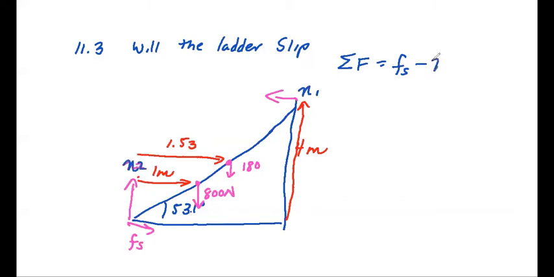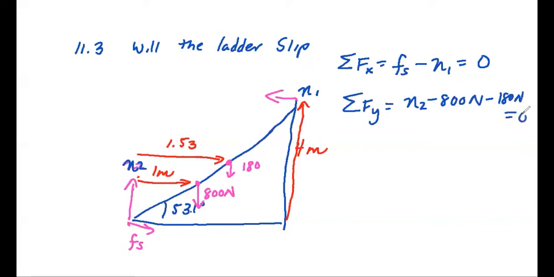Minus N1 equals 0. The sum of the forces in the Y: you've got your N2 going in the positive direction, minus 800 newtons, minus 180 newtons, and that's also equal to 0.